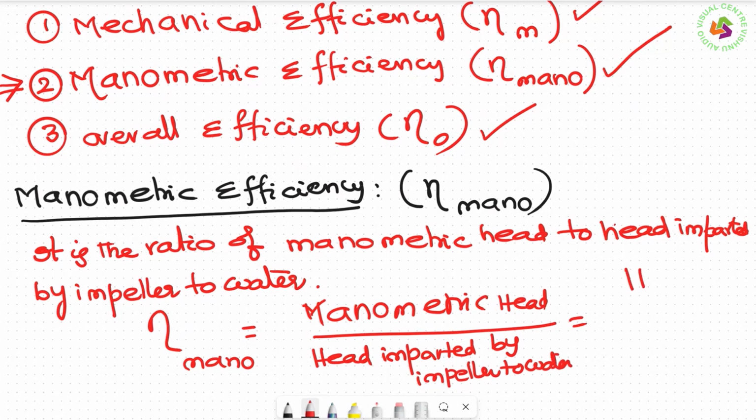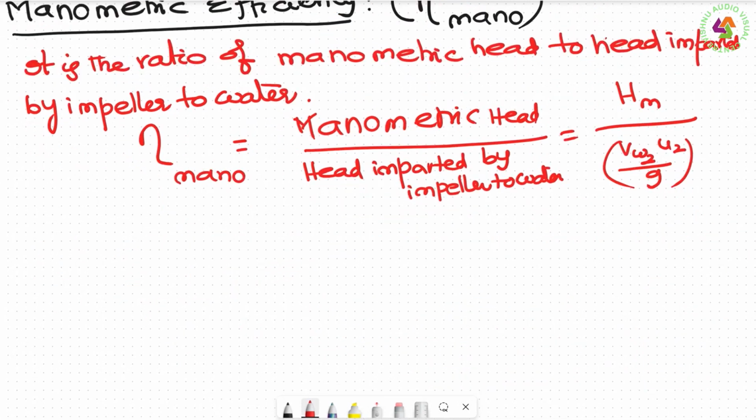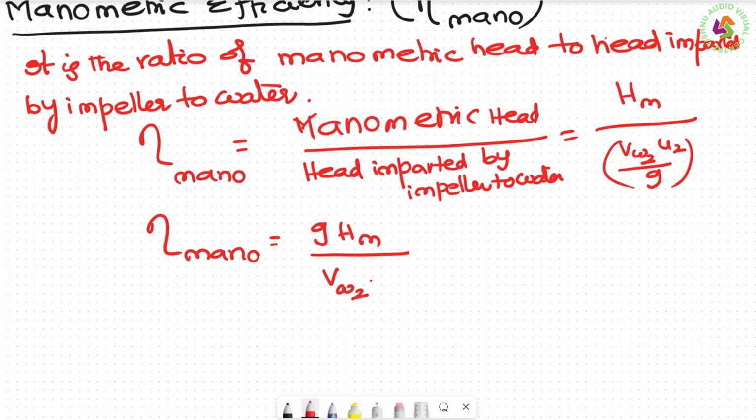So this is Hm divided by Vw2 U2 by g. So this is what actually the manometric efficiency. The equation for manometric efficiency is equal to g into Hm divided by Vw2 U2.